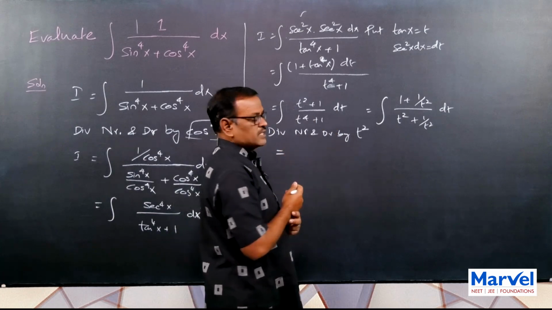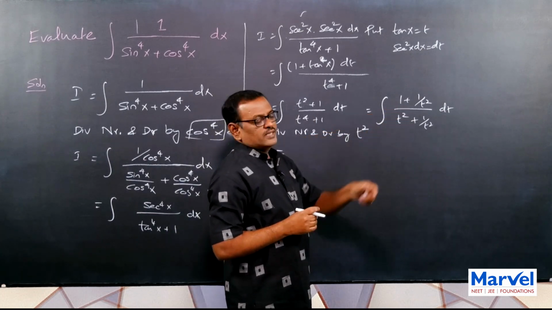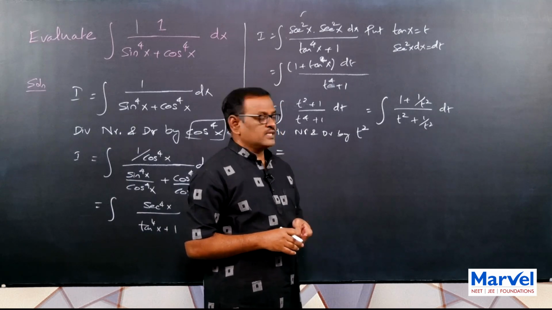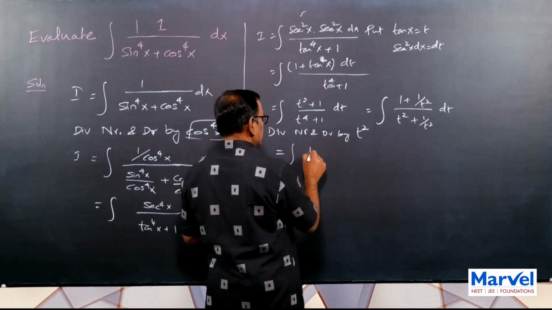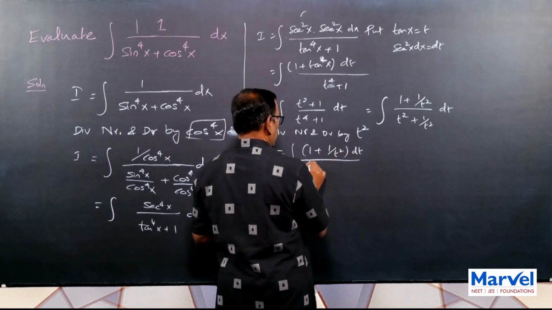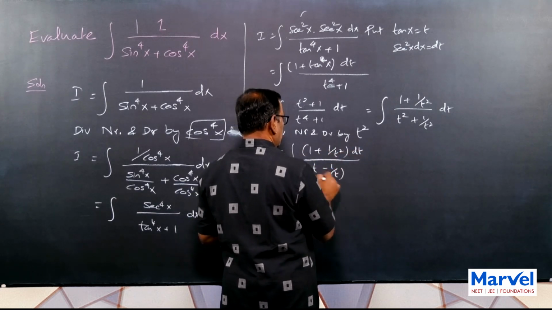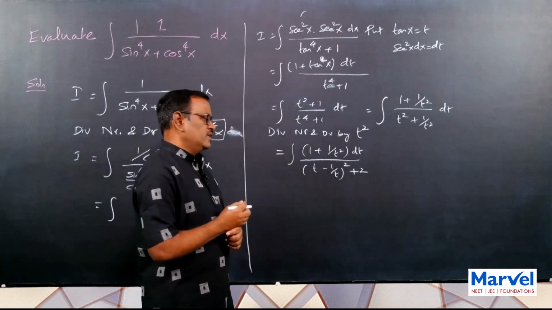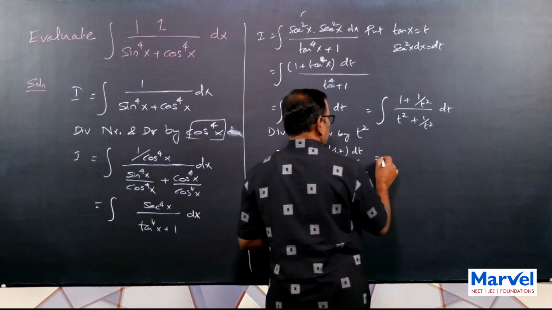Now whenever the sign of the numerator is positive, the denominator is written in terms of negative sign. Therefore we can write this as 1 plus 1 by t square dt by t minus 1 by t the whole square plus 2.